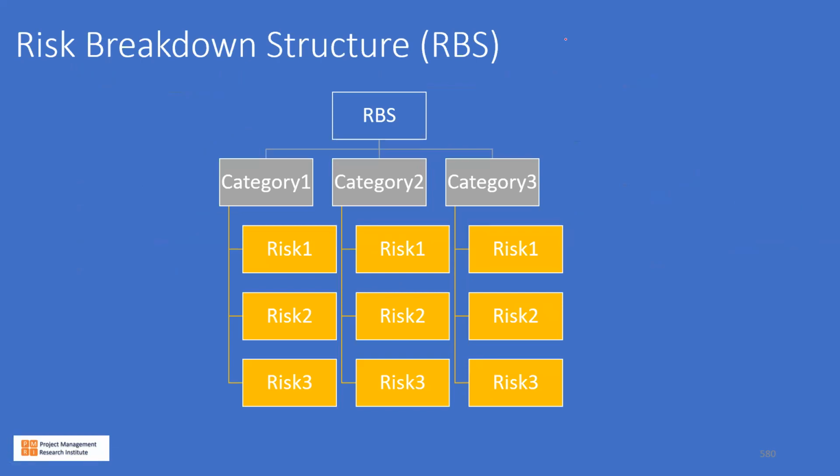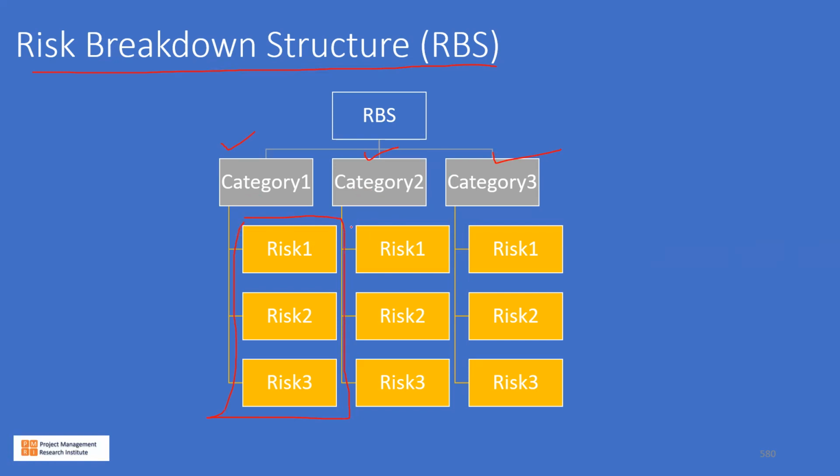This is a risk breakdown structure. So we have the product breakdown structure, we have the work breakdown structure. From the work breakdown structure, we can actually derive the risk breakdown structure. Or this is another way of grouping by affinities. We have category 1, category 2, category 3, and the risks falling into category 1, schedule-related risk, let's say, can be here.